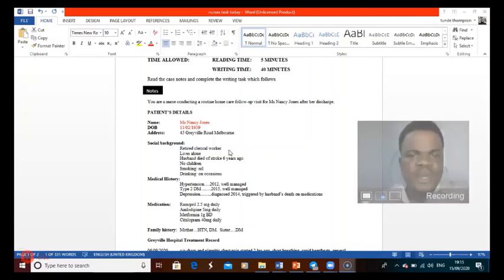From the social background, this information, retired clerical worker: we are referring to an emergency doctor. Do you think this will be relevant or irrelevant? One person at a time. Let me ask Biodun, what do you think?